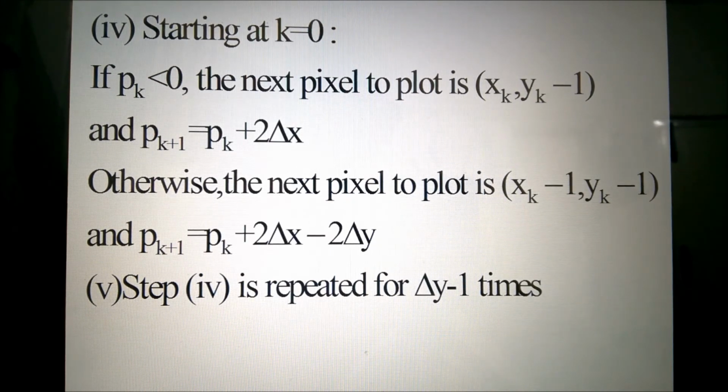We have to reach the lower coordinate, therefore it will only be decremented. So if pk is less than 0, the x coordinate will not be affected, and pk is this other one, and otherwise both will be decremented by 1, and this is the algorithm. Therefore I discussed here all possibilities of slope, and this is all about Bresenham's line drawing algorithm.